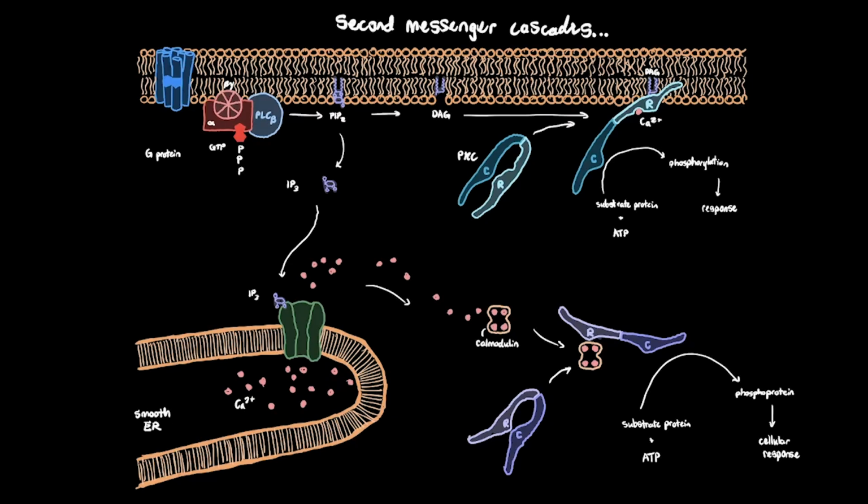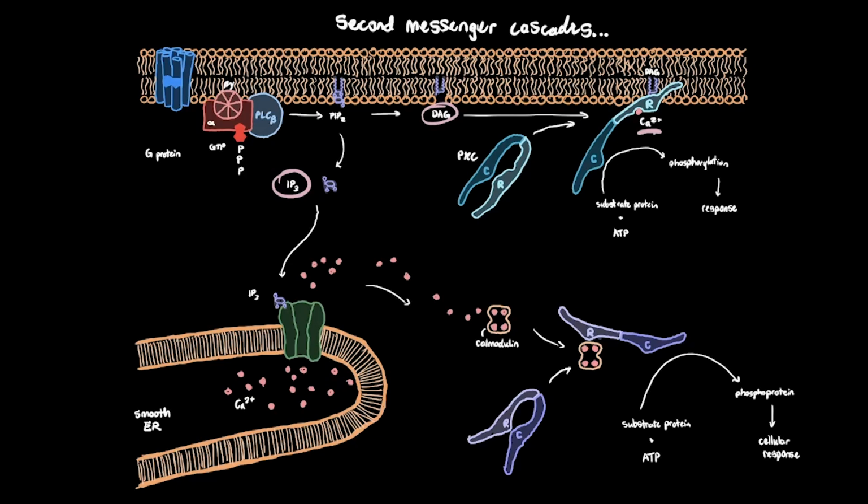I'm not going to go super into depth about this, and if this is your first time seeing it, you're not expected to understand this completely. But it starts with a G protein coupled receptor that activates a G protein, which activates another enzyme that creates second messengers. IP3 is a second messenger, DAG is a second messenger, calcium can be a second messenger as well.